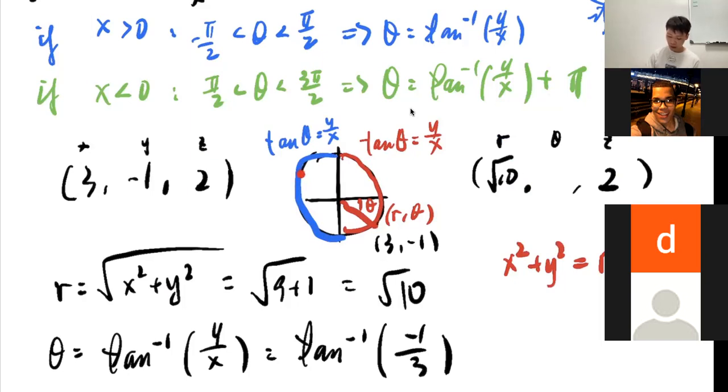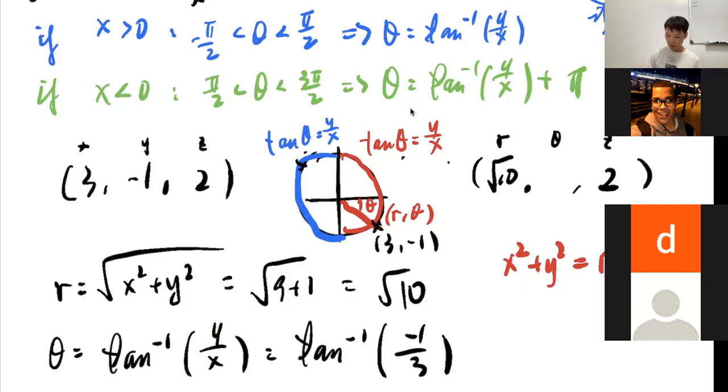So this point and that point have the same tangent value. But when you do the inverse tangent of y over x, they all give you this point. So when you do the inverse tangent of y over x, these two points all come down to here.